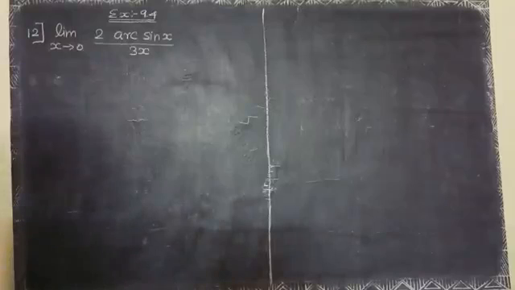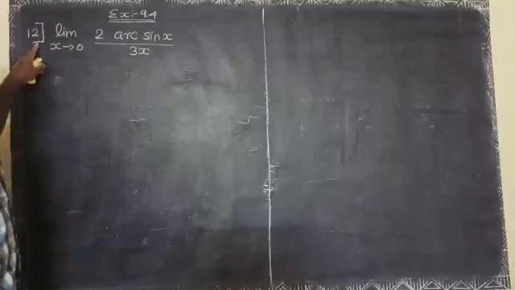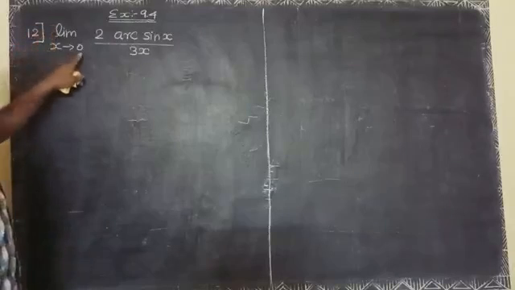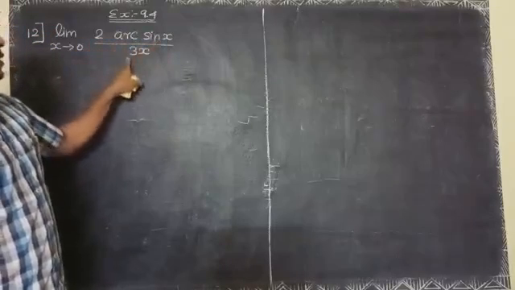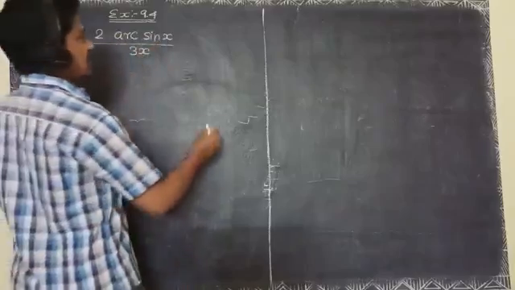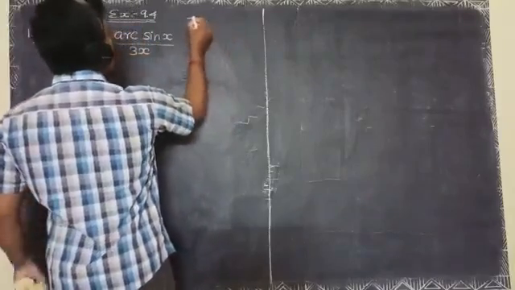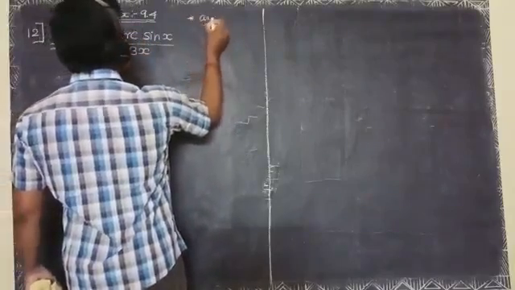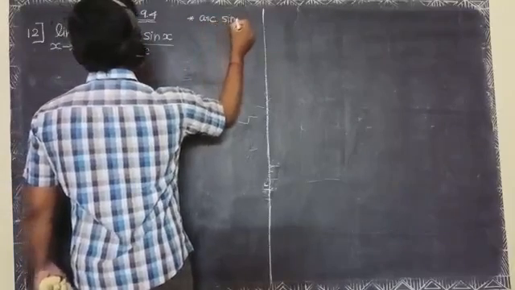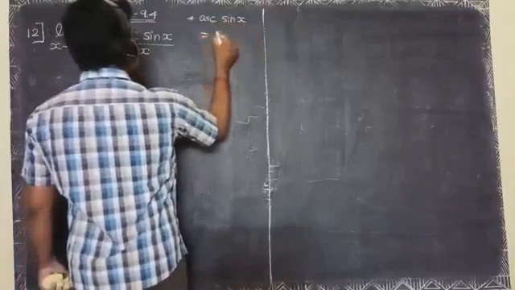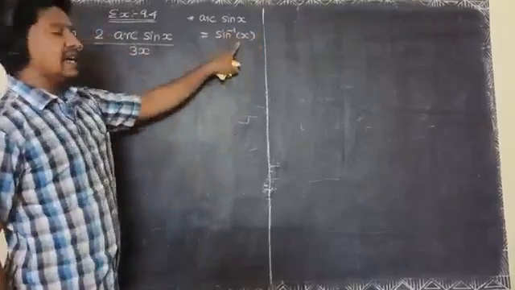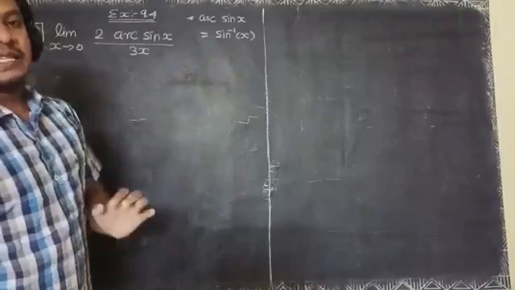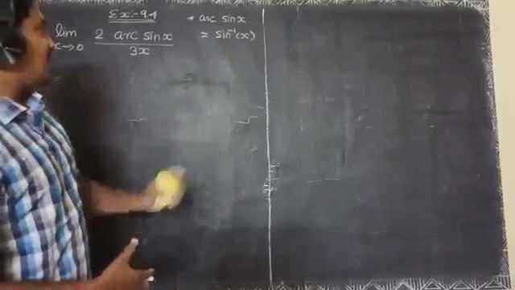Next, exercise 9.4 question number 12. Evaluate limit x approaches 0 of 2 arc sin x divided by 3x. First of all, we know that arc sin x is equal to sin inverse of x, that is an inverse trigonometric function.